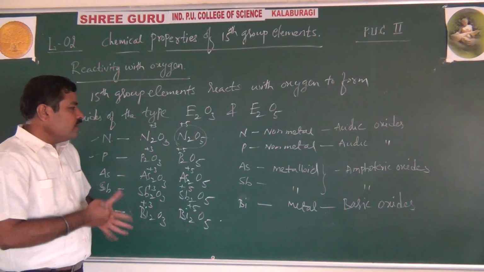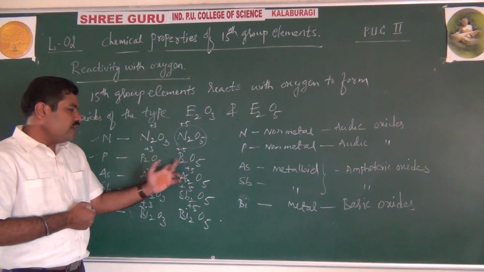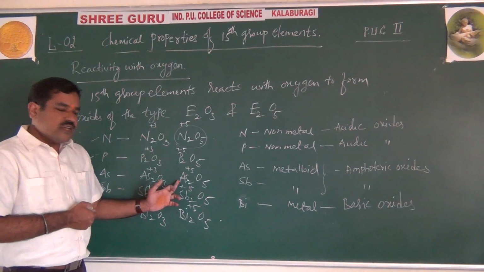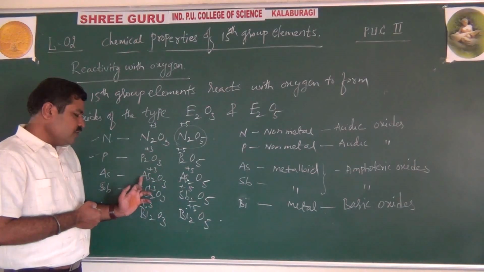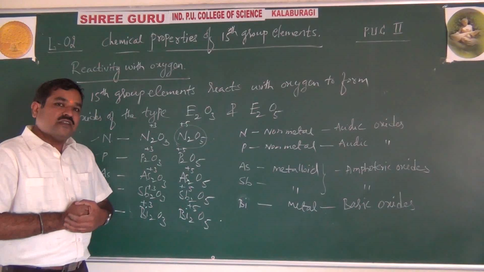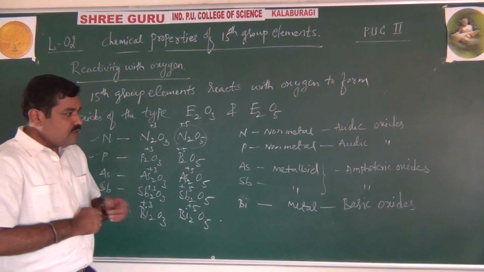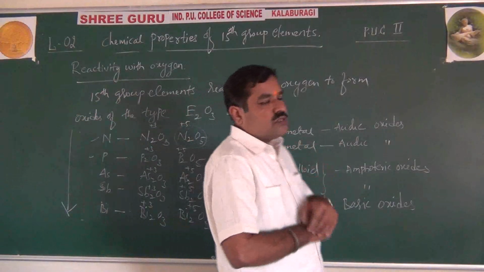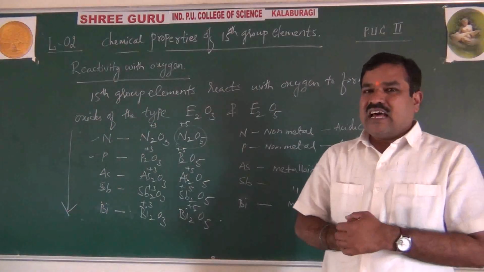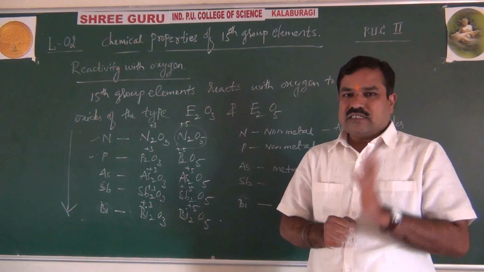That means N2O5 is more acidic than N2O3. P2O5 is more acidic than P2O3. As2O5 is more acidic than As2O3. Please, point to be remembered, very important for comparison of acidic properties in CET and NEET purpose. Point to be noted, students. As the oxidation number increases, acidic character, not only oxides, even halides also increases. Remember.